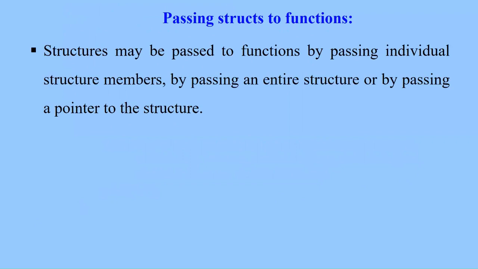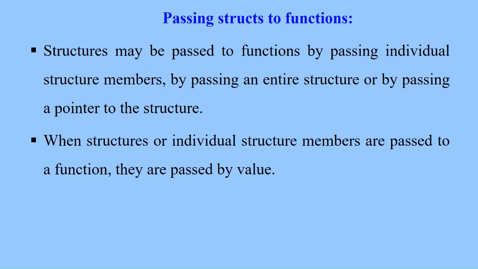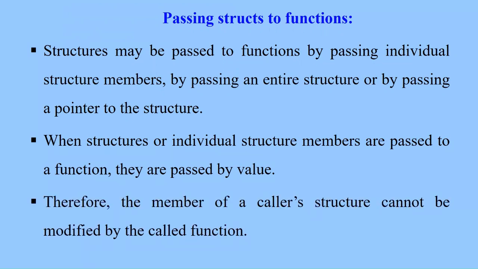So let's look now at how we pass structs to functions. Structures may be passed to functions by passing individual structure members, by passing an entire structure, or by passing a pointer to the structure. When structures or individual structure members are passed to a function, they are passed by value. Therefore, the member of a caller's structure cannot be modified by the called function.